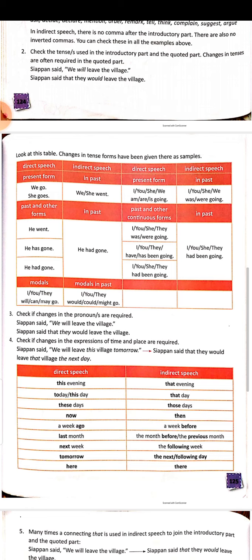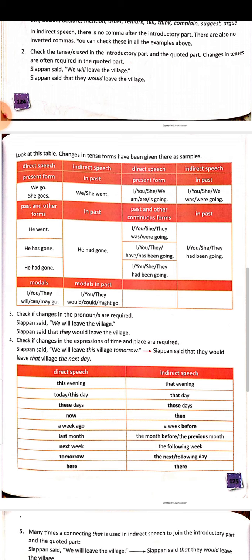I have been going, you have been going, they have been going. All these will be changed into had been. Have been and has been, was, were going, all will change into had been.